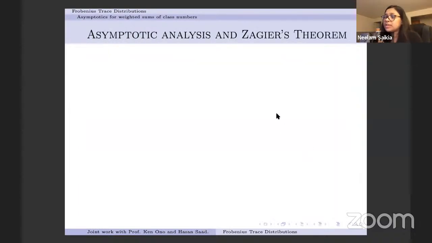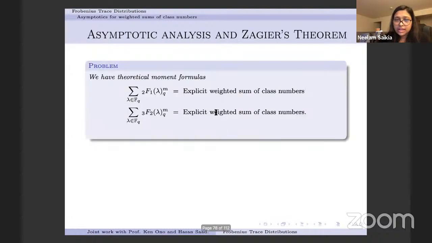Like we have mentioned earlier, our method is to first determine the moments, and then once we have the moments, obtain their asymptotics as Q goes to infinity. So we have the theoretical moments for these two functions as weighted sums of class numbers. Now our job is to obtain the asymptotic formulas for these moments as P goes to infinity.